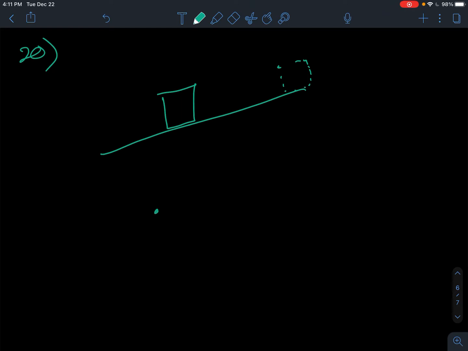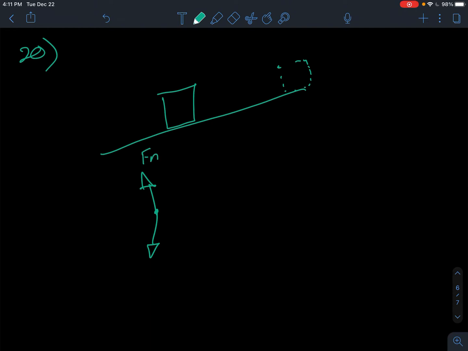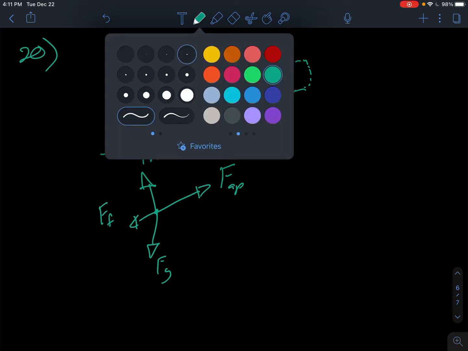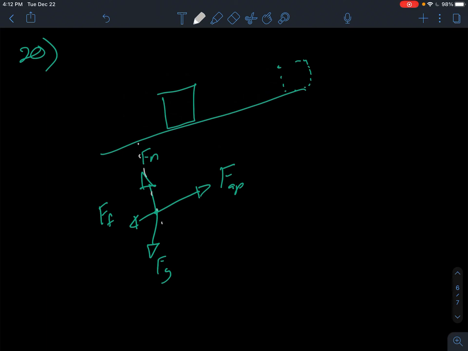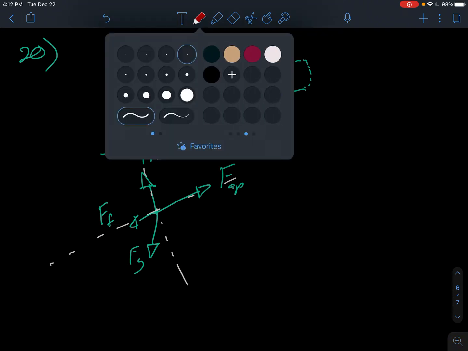So if we draw a force diagram for the way up, all right, so obviously the forces that we're focused on are going to be in the direction of our incline. So we have our normal force, we have force gravity, and on the way up, we're going to have some kind of applied force. And then we'll also have friction going downward. So since we have an incline, we're going to have to break up gravity into components.